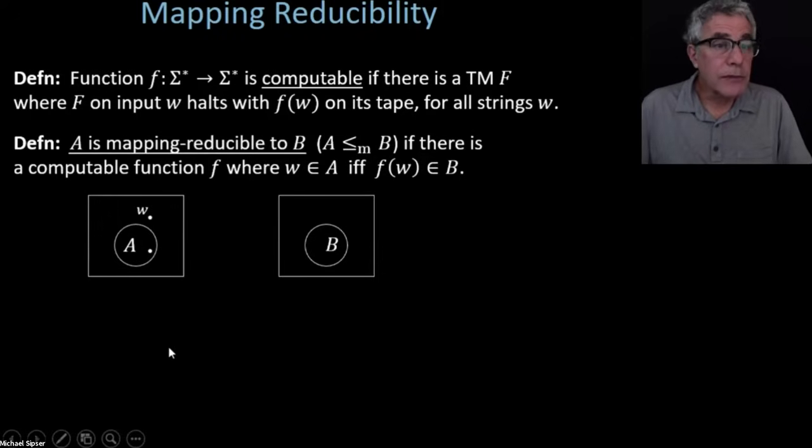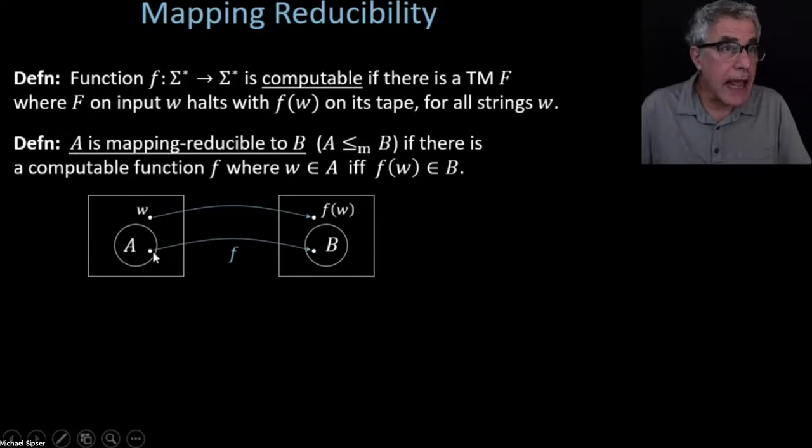A mapping reduction is a function which maps things from this space over to that space in a way that strings that are in A get mapped to strings that are in B. So if you start out with w in A, f of w is in B. And if w is not in A, then f of w is not in B.